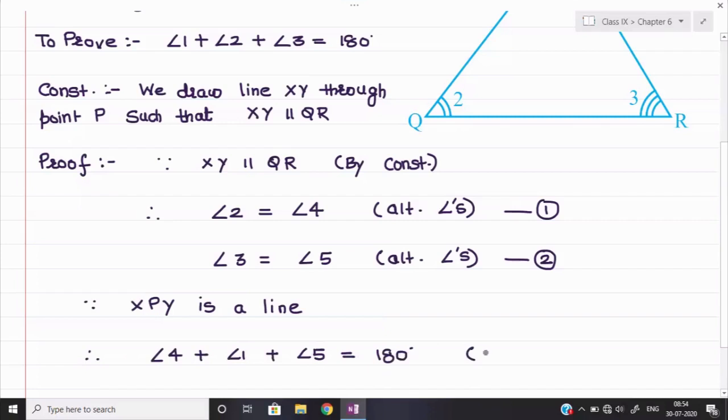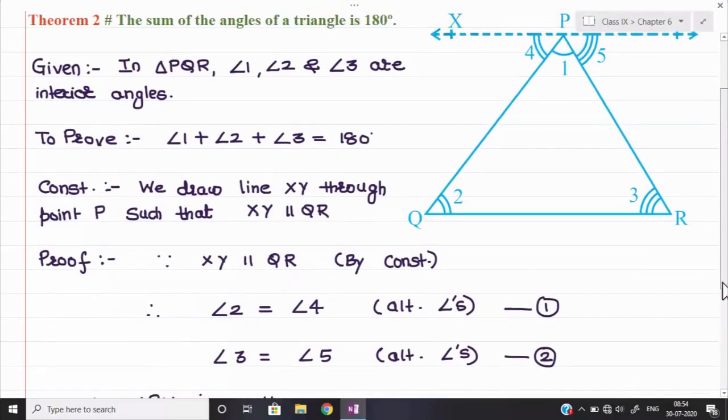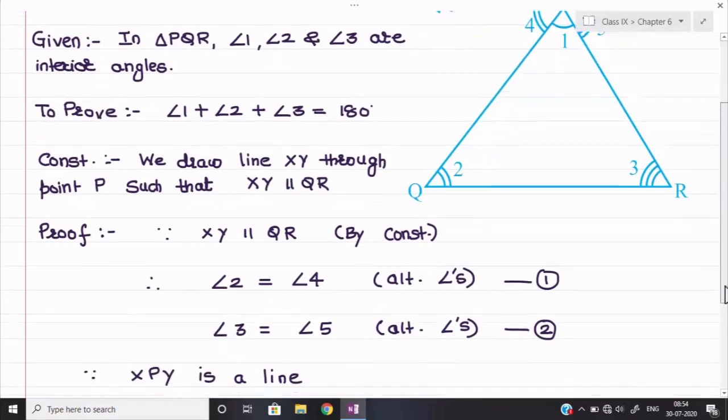Okay, how? Because of linear pair. With the help of linear pair, we can say the sum of all the three angles will be equal to 180 degree. Once you look at the figure, 4 plus 1 plus 5 are forming perfectly a linear pair. Now we shall use equation number 1 and equation number 2.